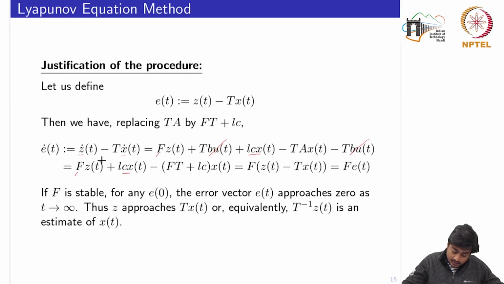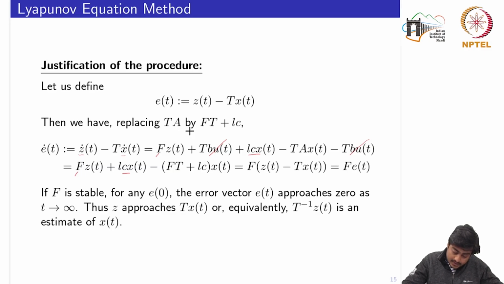So for whatever observer we have synthesized here, the state estimation error would not depend on any u. But still we need to show that the state estimation error goes to 0.